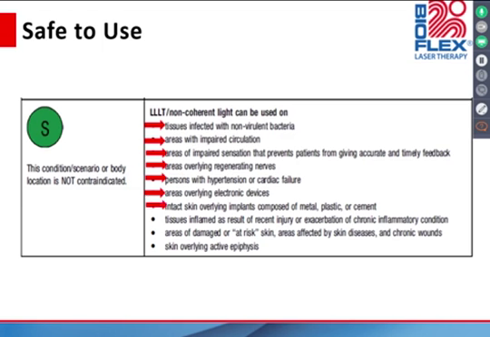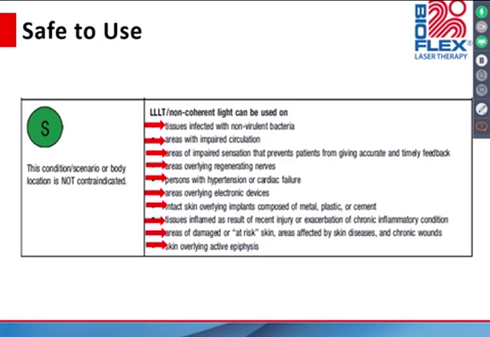Treating over intact skin, over implants, whether it's metal, plastic, or other types of materials like cement or so forth. Tissues inflamed as a result of recent injury or exacerbation of chronic inflammatory conditions. Areas of damaged or at-risk skin, for example, of chronic wounds and so forth.